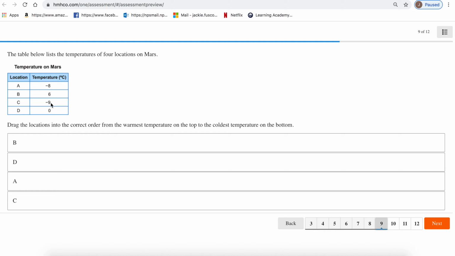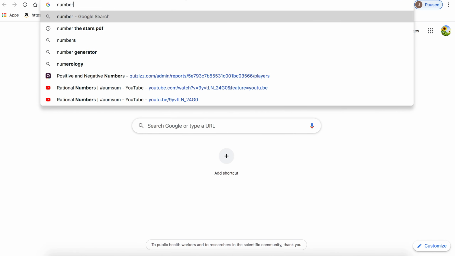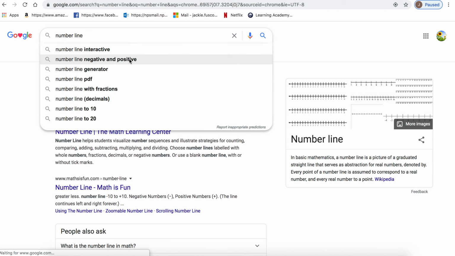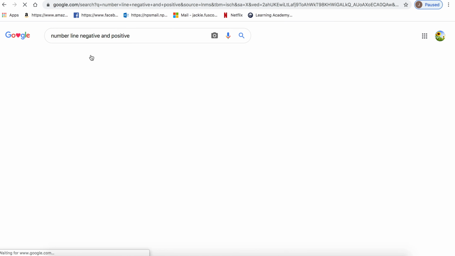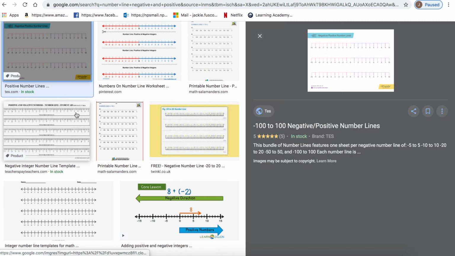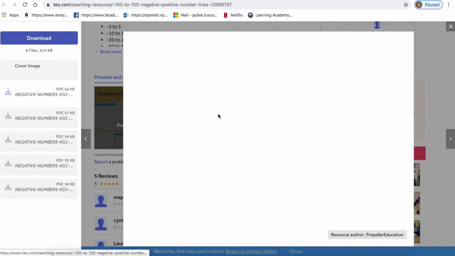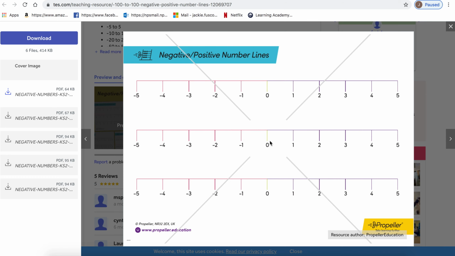If we think of a number line. So let me just pull up a number line. Okay. So if you look at a number line, let's see. Okay. Here's 0, -1, -2, -3, -4, -5.